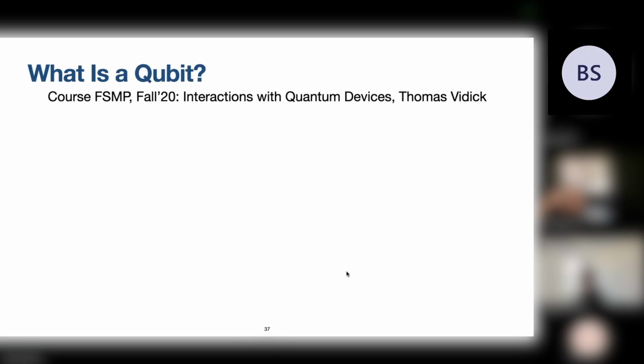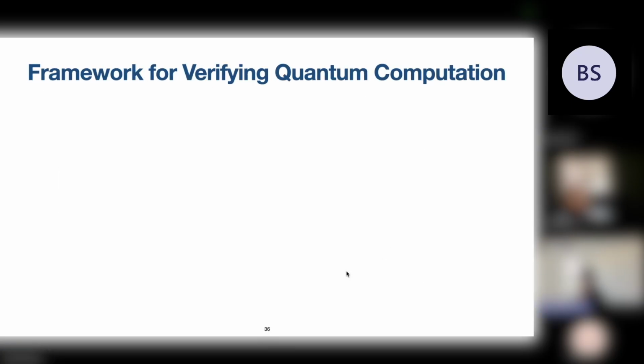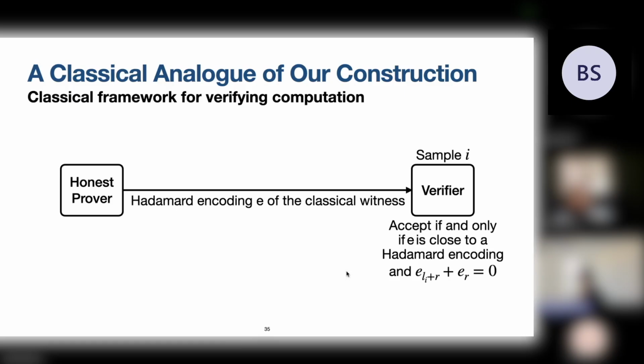Sorry, maybe a naive question. In the classical setting, you were using this classical code with linear distance that you're explaining. Does it mean that in the quantum case, where you're coming with a generalization, you need a quantum error correction code, or are you still only coding classical information?